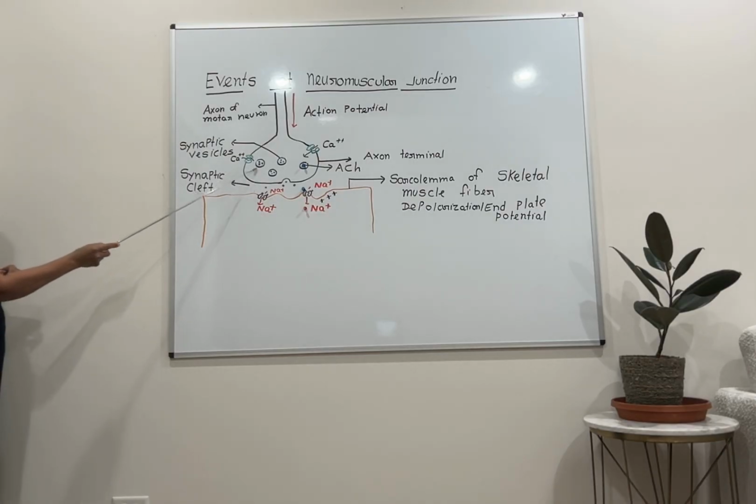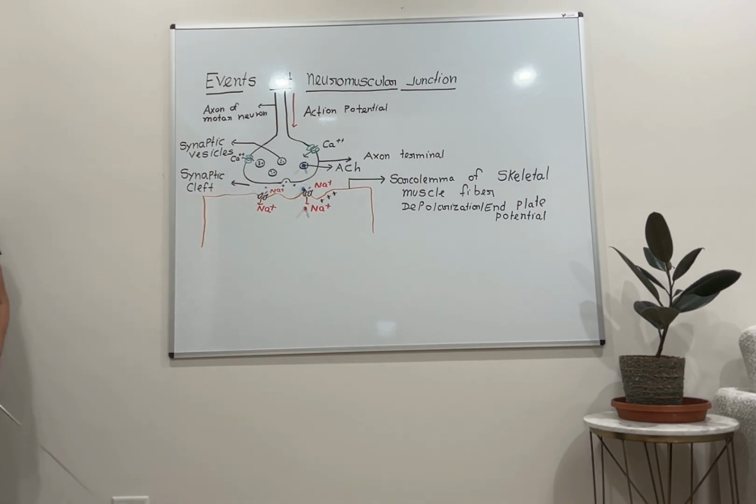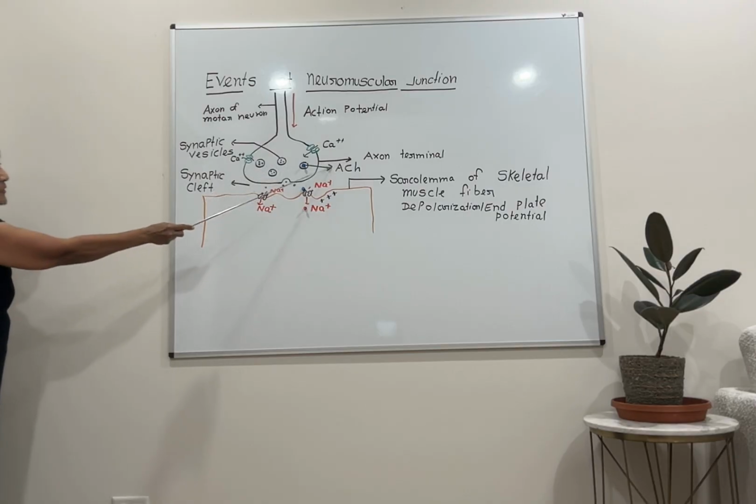These round structures are synaptic vesicles, and they contain a neurotransmitter known as acetylcholine. These blue tiny ball-like structures are the neurotransmitter acetylcholine.